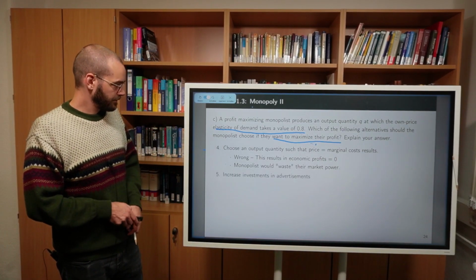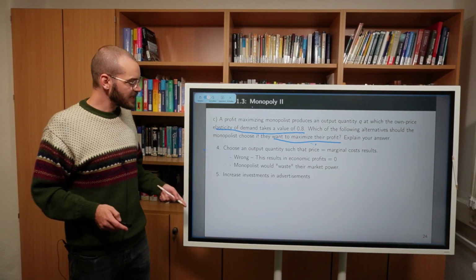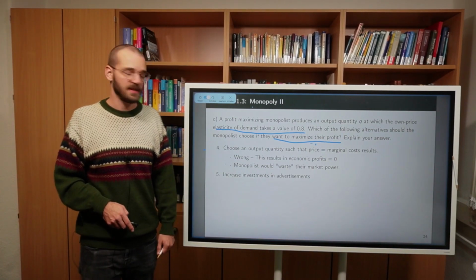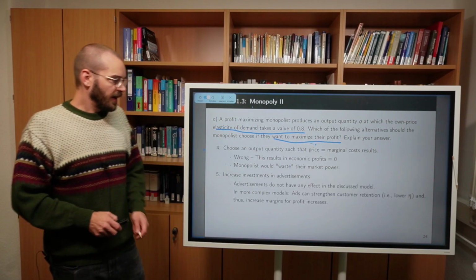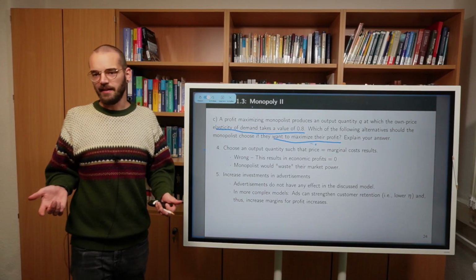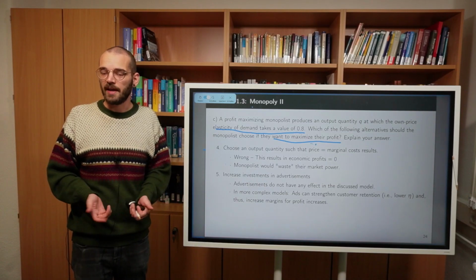All right. Then finally, an increase in investment in advertisements. Would that be profit maximizing for the monopolist? And well, in this situation, the answer really is unclear. The simple answer would be no, it doesn't have an effect.